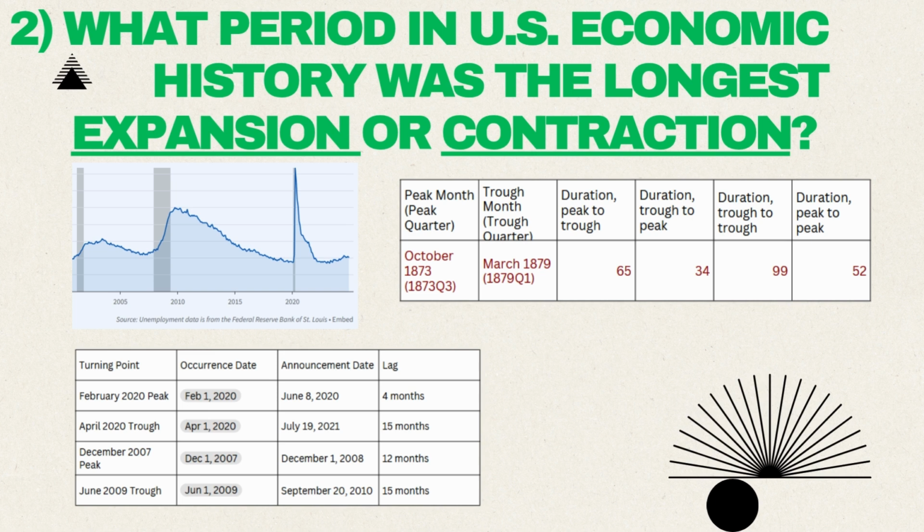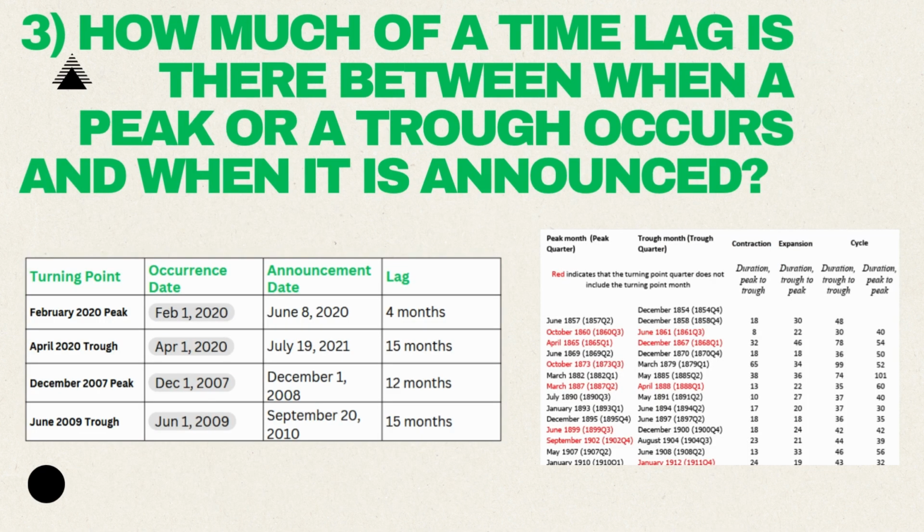Our table shows three key metrics from the 1873 to 1879 cycle: 65 months of continuous decline, only 34 months of recovery to the next peak, a full 99 months between economic peaks. The NBER data shows how economic resilience has evolved.